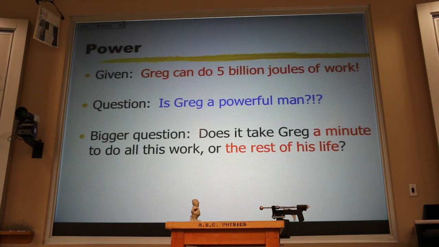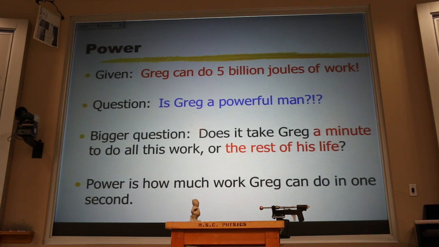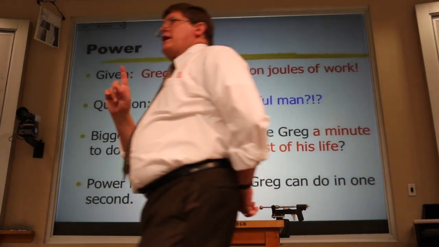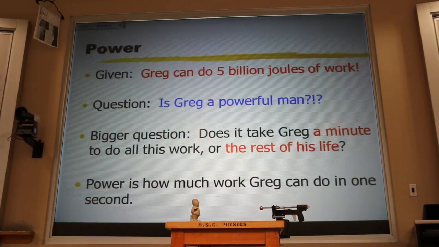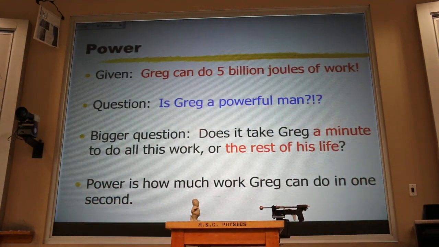Okay? So that gives you an idea of what we mean by power. Power is how quickly you do work. How much work you can do in 1 unit of time. And the unit that we take is typically the second. How much work we can do in 1 second.